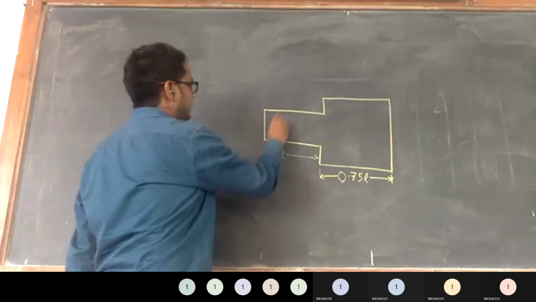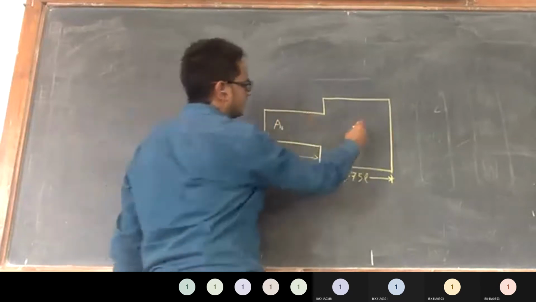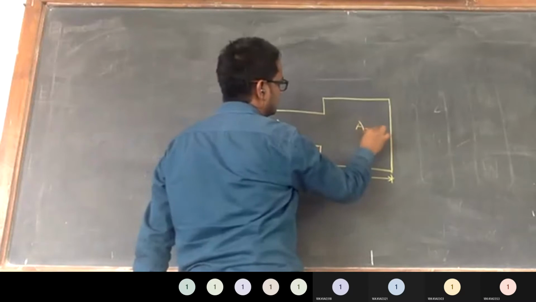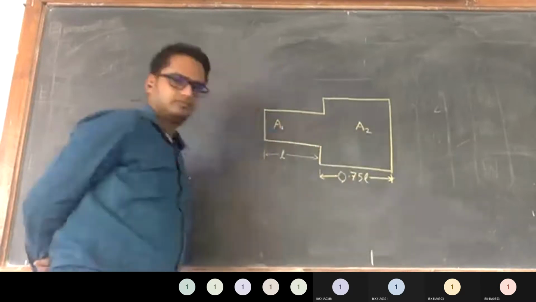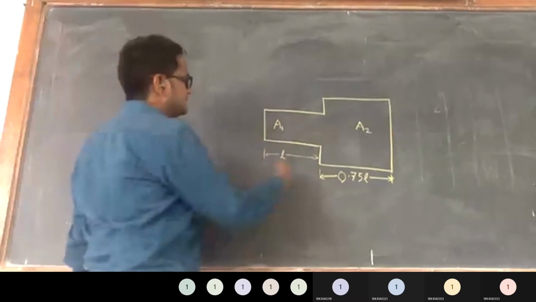Suppose they give cross-sectional area A1 for this part and A2 for this part. And modulus of elasticity is the same.